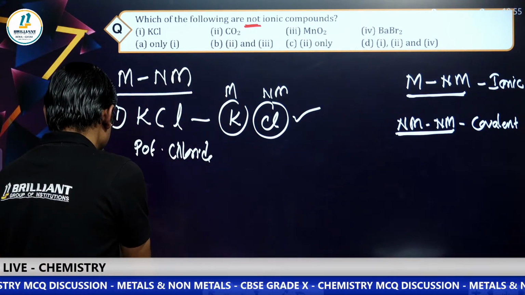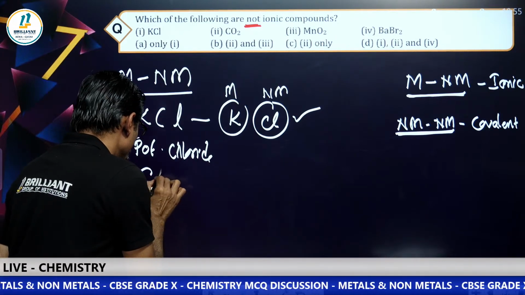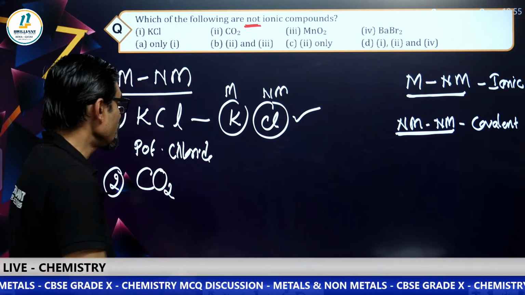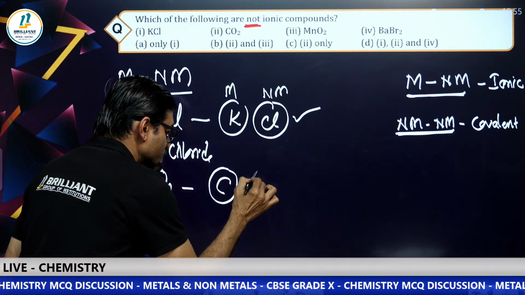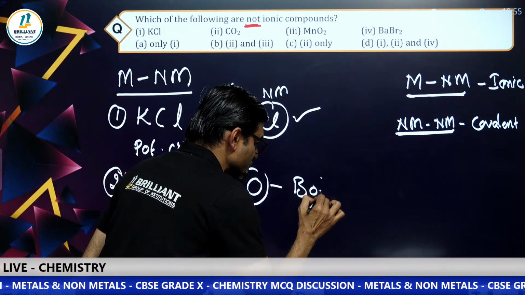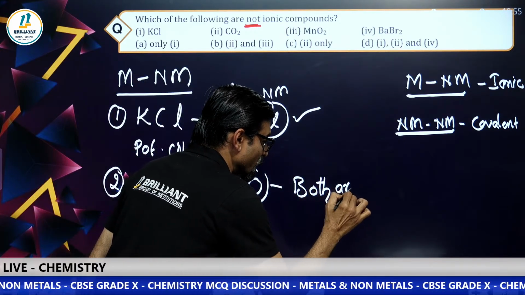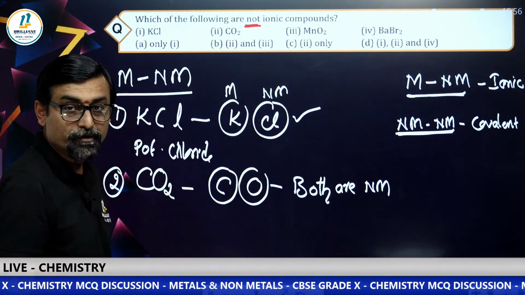Coming to the second option. What is the second option here? Carbon dioxide, CO2. Here we have carbon along with oxygen, where both are non-metals. So definitely we are not going to get an ionic compound.